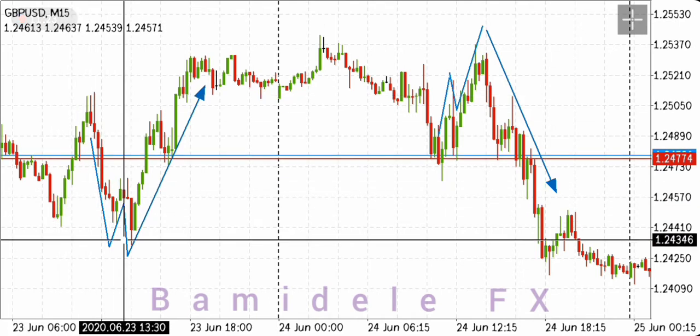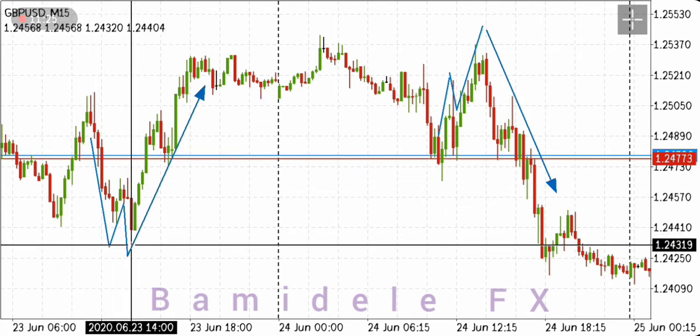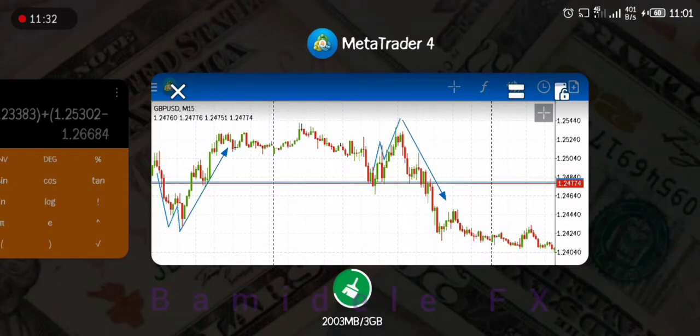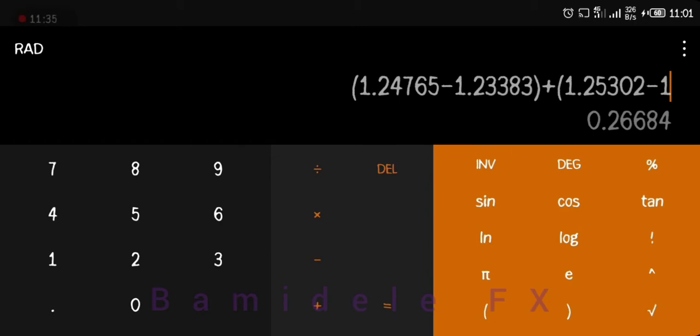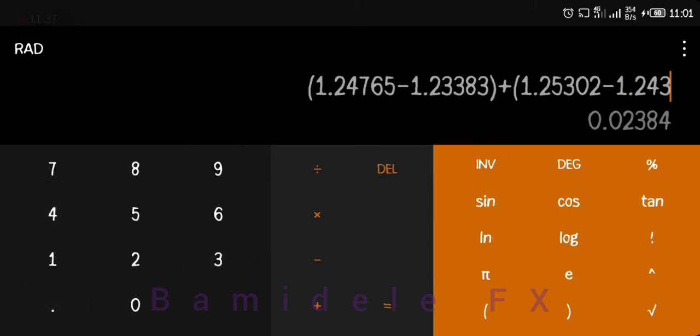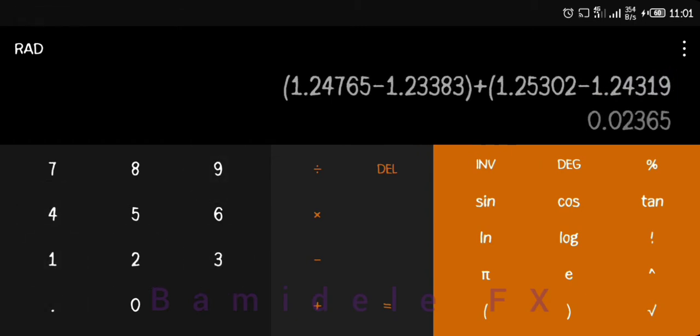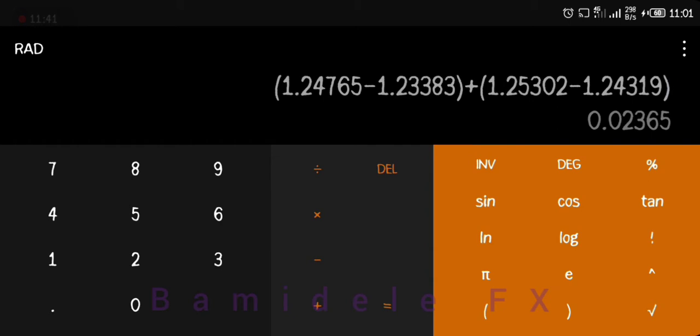That's about somewhere here. That's on the 23rd of June, Tuesday. That's about 1.24319. We put that down there, minus 1.24319.